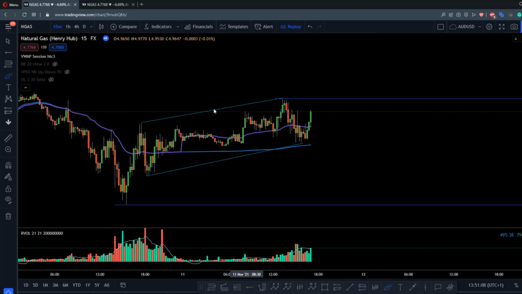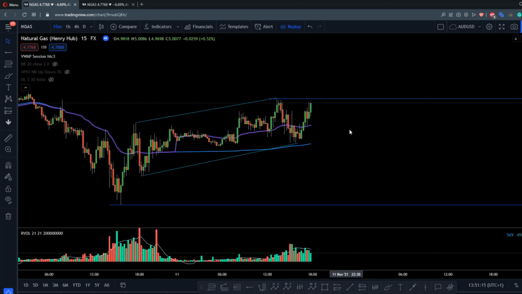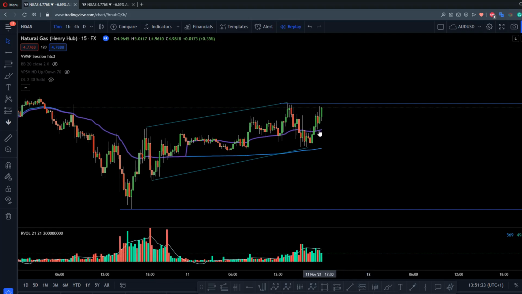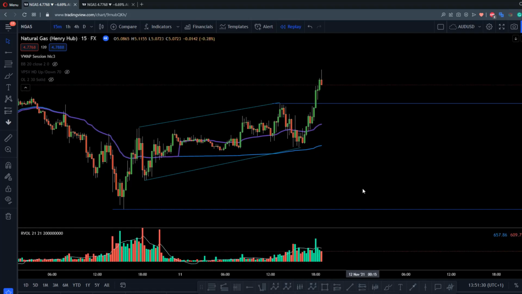See, came down. Oh, still here. So it actually retraced back here to VWAP. This was a chance to position yourself again. And it goes, volume spikes.